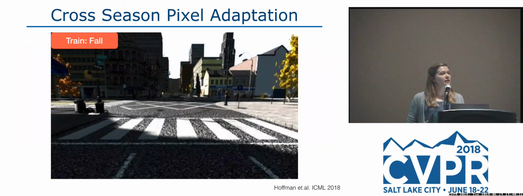The first thing we can do is use these unpaired image-to-image translation techniques in order to perform pixel-level adaptation. We're going to start with our fall image, and then make it look more like an image that would have been drawn from the winter distribution.